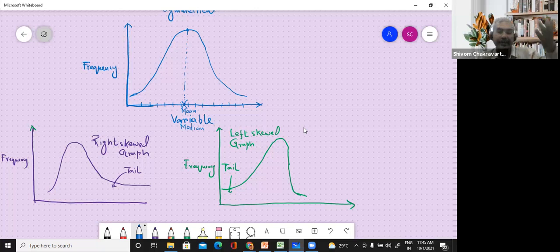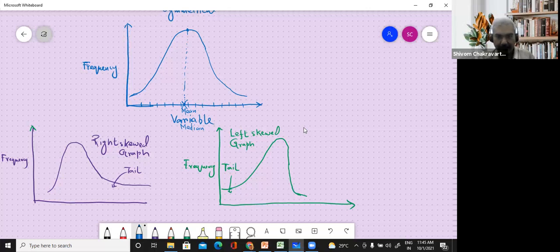Maybe by practice over some time, you'll be able to make out whether it's symmetrical data or skewed data. But initially we should not even try to guess from just looking at the data. We should draw a graph, and that will be more robust. It will eventually clarify things.